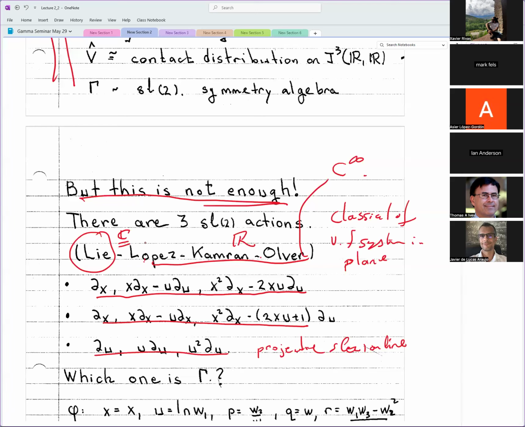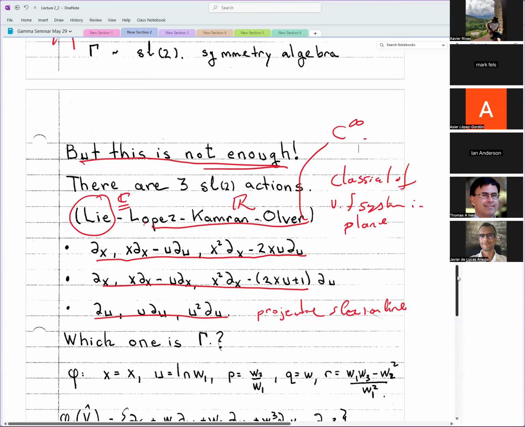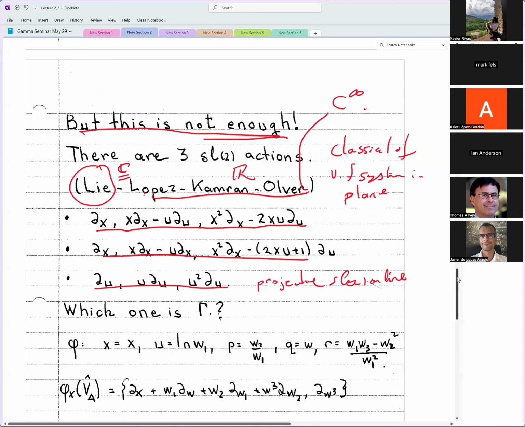If it's transitive, it's three. But over the complexes, because there are only two subalgebras of SL2C, you get two, and that's why it looks like there are two there. But somehow the argument is that there's more than this.